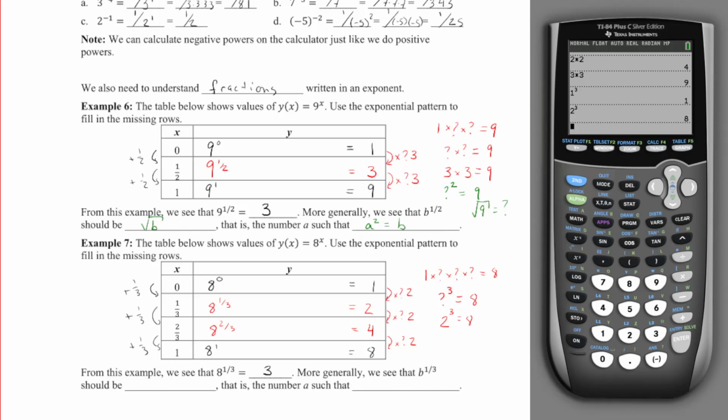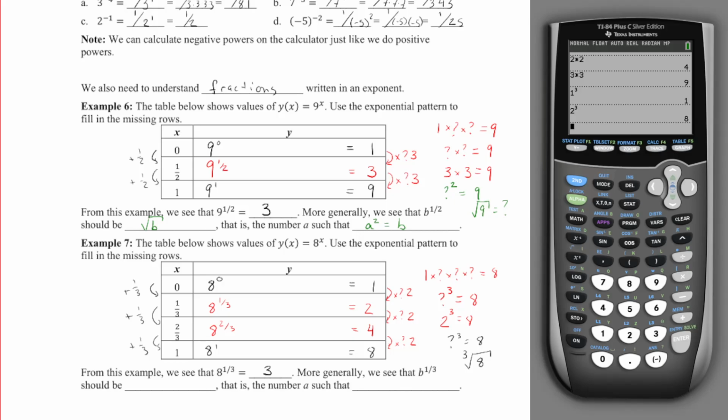But again, we have a name for this. When we say what number to the third power gives us 8, we're saying what is the third root of 8. So this is the third root symbol. Notice we put the little 3 in the crook of the radical symbol.